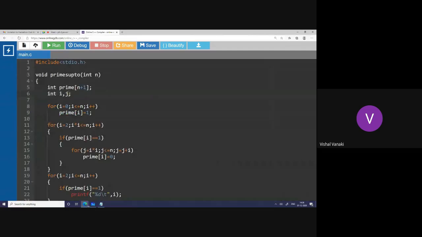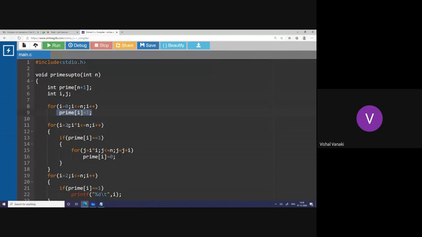I have made all the elements 1 in the beginning, and then I'm writing a loop which will generate the numbers from 2 up to n.